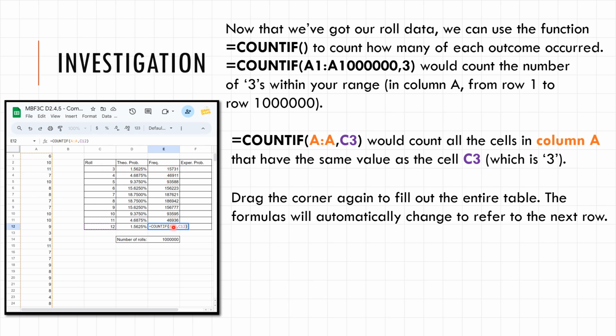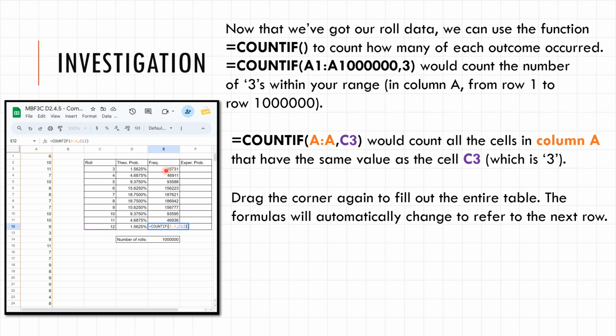But now if I have it in cell E12, now I'm counting the number of 12s, because in C12 is the number 12. That's my criterion now. So just like this, it has automatically counted every single 3, every single 4, every single 7, every single 10, and it's put the total number of times that those have appeared in this range right here.